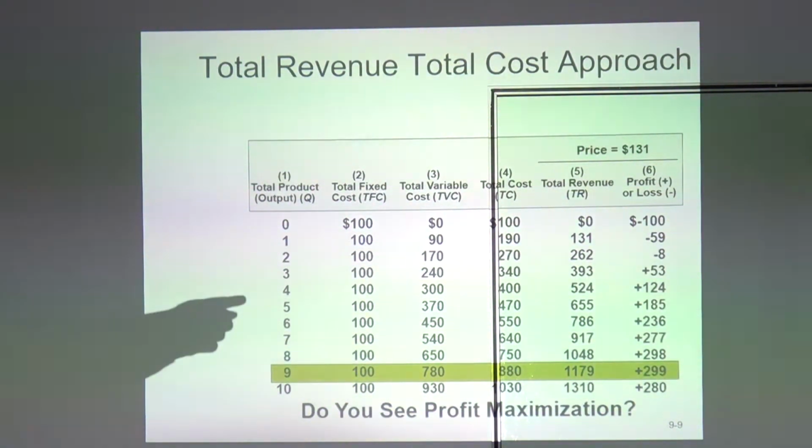Let's look at the numerical example here. The cost figures, total fixed cost, total variable cost, and total cost, are all taken from topic 7. We have discussed this earlier. Now we are assuming that the market price for the product is 131.